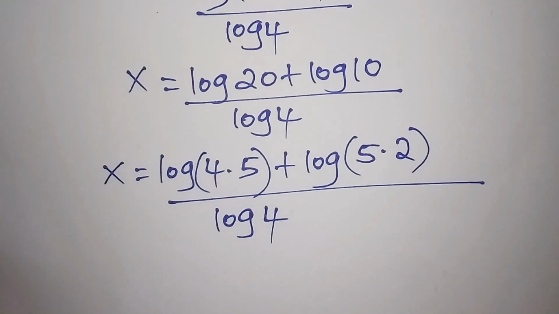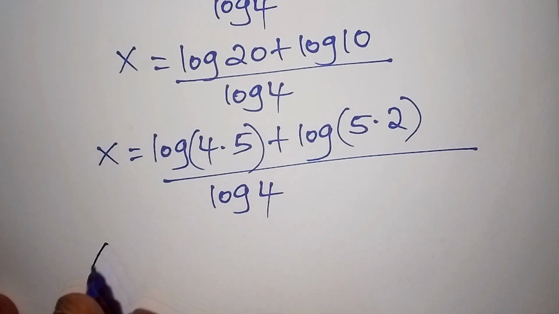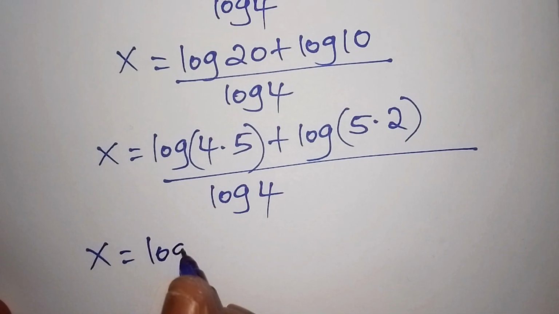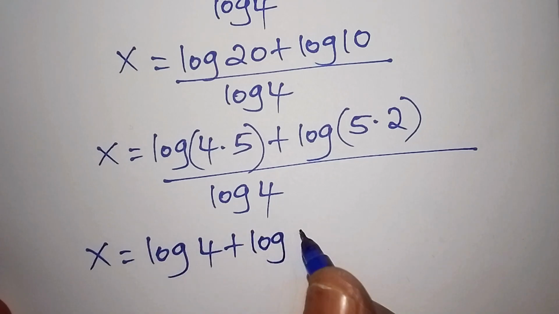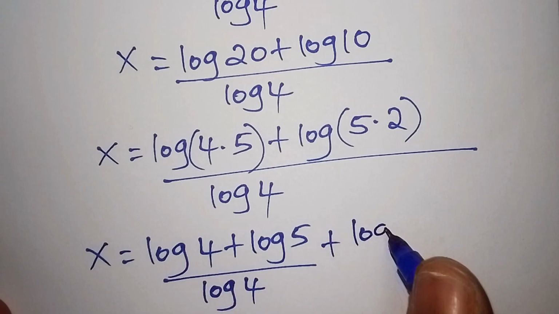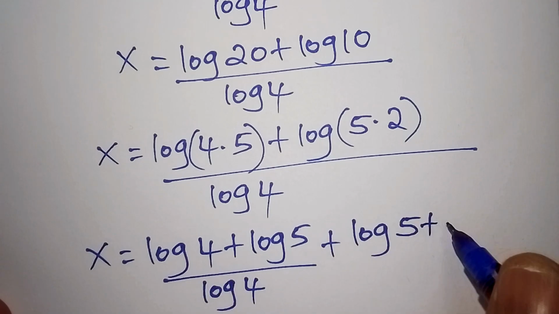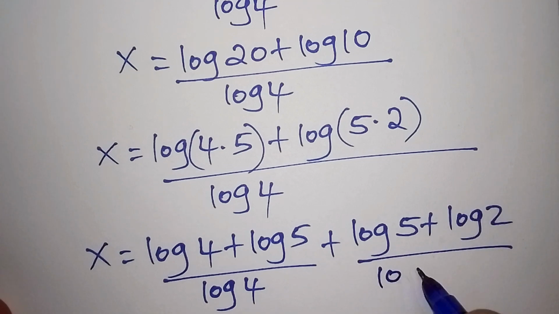So the value for x shall be the log of 4 plus the log of 5 all over the log of 4, plus the log of 5 plus the log of 2, all over the log of 4.